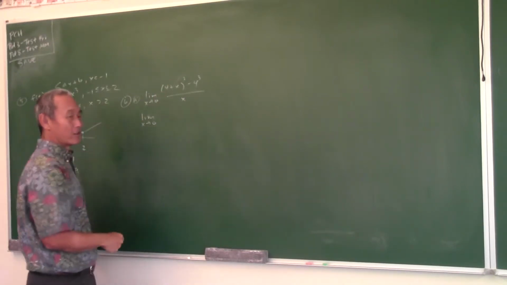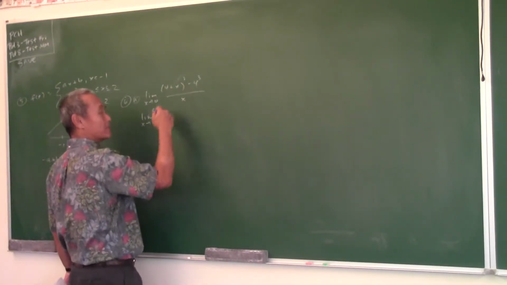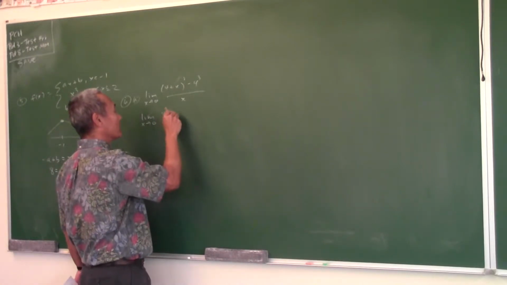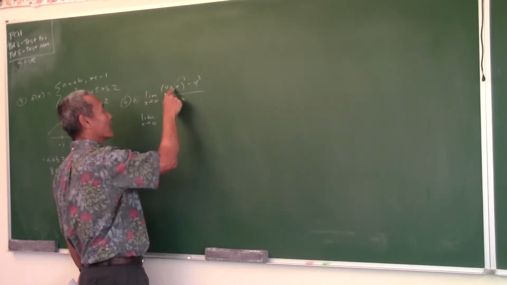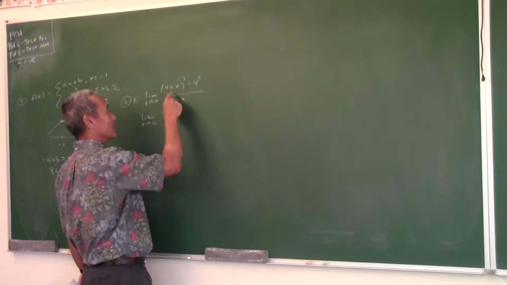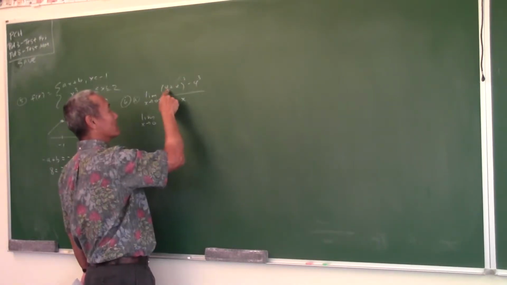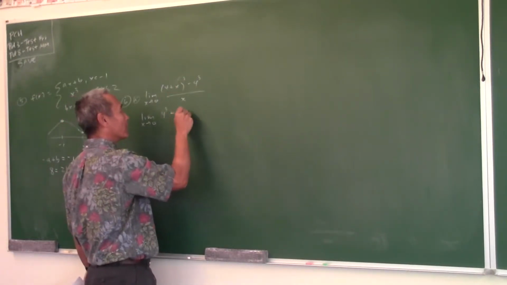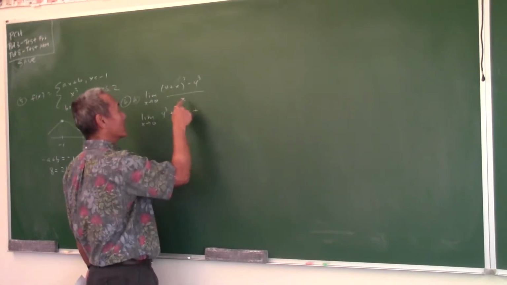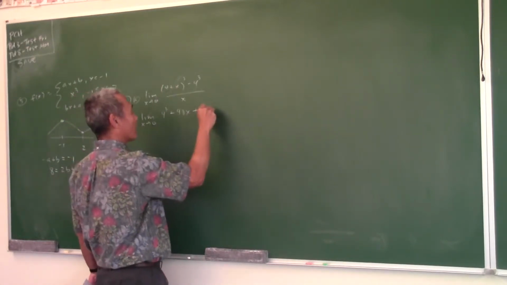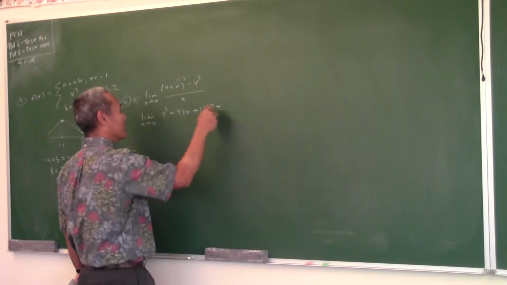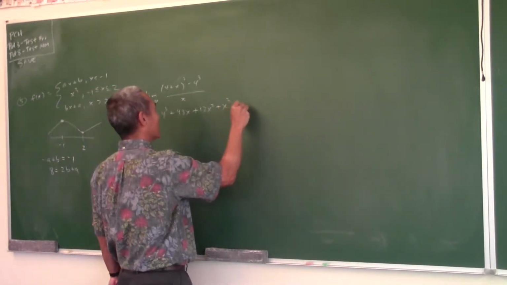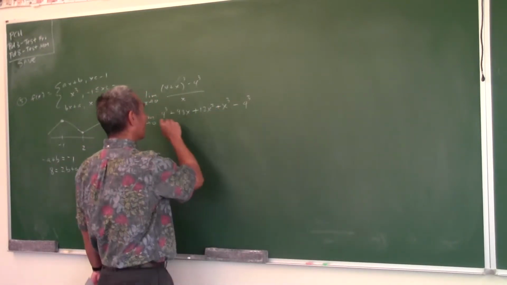So do we remember how to cube a plus b cubed? Yeah, a cubed plus 3a squared b plus 3ab squared plus b cubed. So that would be 48x plus 12x squared, plus x cubed, minus 4 cubed, which is 64.